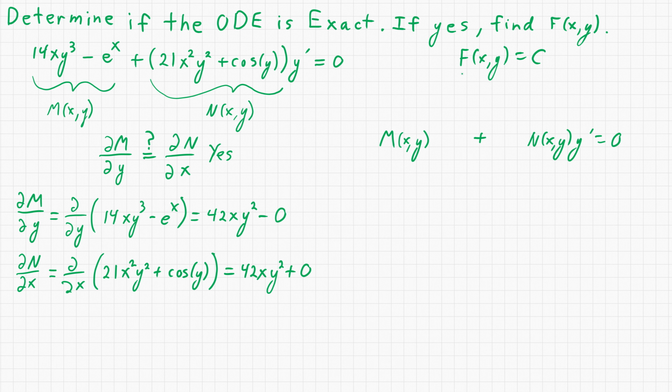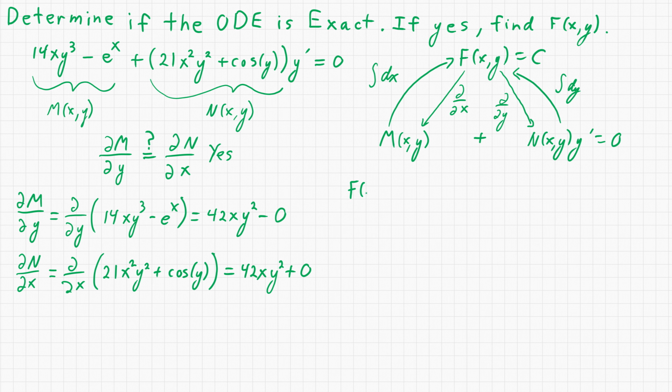And so to get from here to here, we took the derivative with respect to x. So then to go back from M to f, we're going to take the integral with respect to x. And same thing on this side, to get from f to N, we took the partial derivative with respect to y. So to get back, we're going to take an integral with respect to y. All right, so let's get started on that.